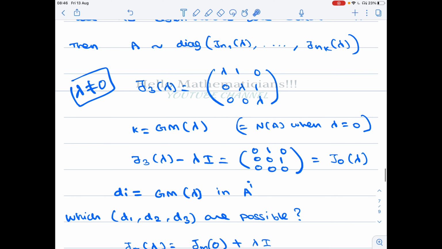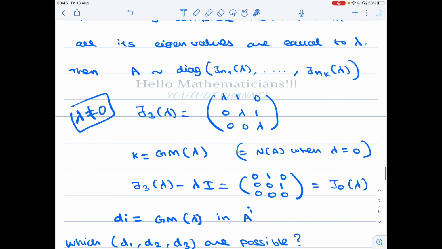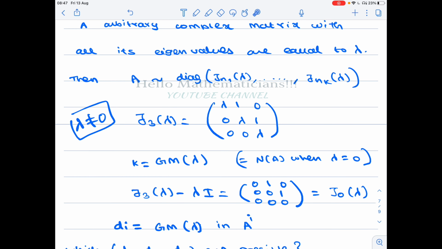Again, for arbitrary lambda, we saw that the number of Jordan blocks is equal to the nullity of A. That is for eigenvalue 0. When it comes to a non-zero eigenvalue, the number of Jordan blocks is equal to the geometric multiplicity of the eigenvalue lambda. Note that the geometric multiplicity of 0 is the nullity of the matrix. So this value equals the nullity of A when lambda is 0.